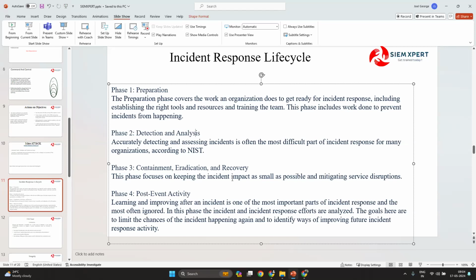And eradication and recovery. When it comes to eradication and recovery, once you understand the malware or whatever was installed, you take the hash of the software or the malware sample. You do proactive threat hunts to understand if there are any other computers which have this malware on the system. Use your SIEM tool to do proactive threat hunts.